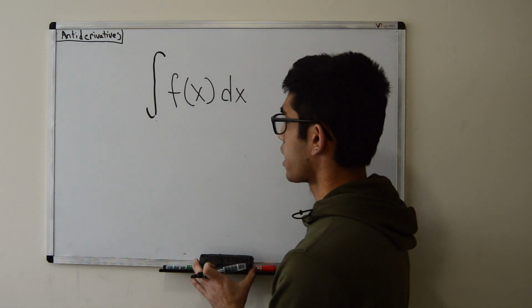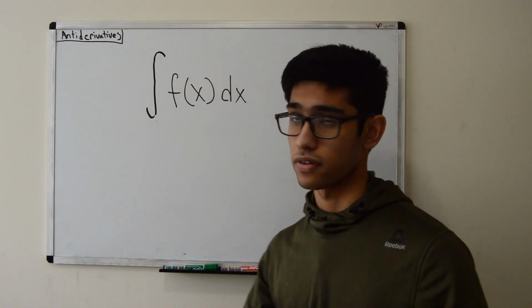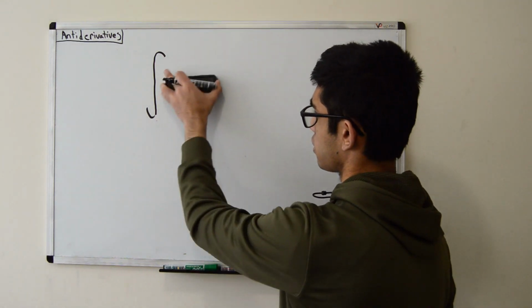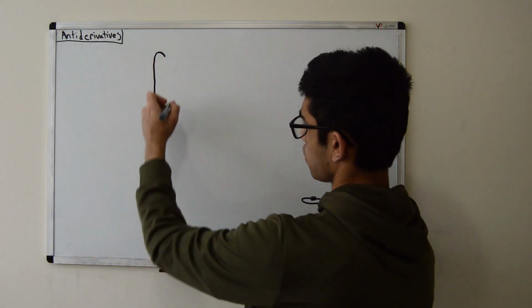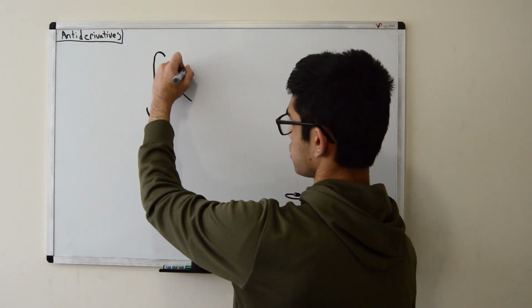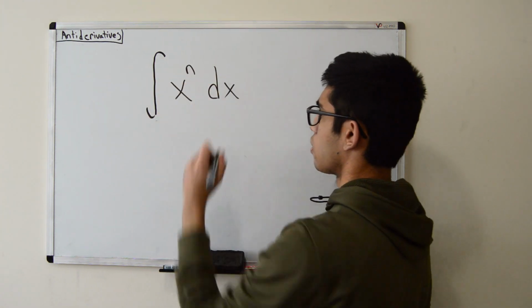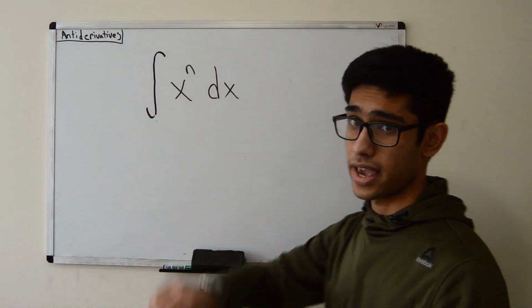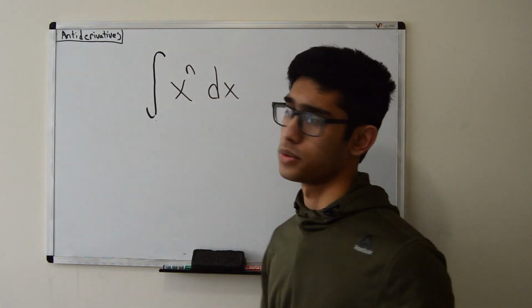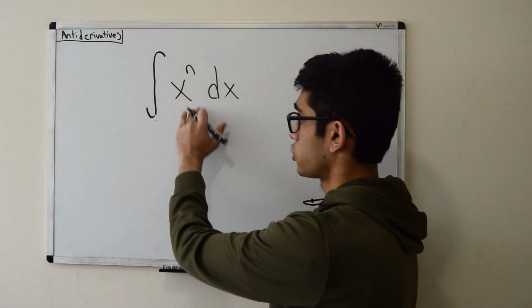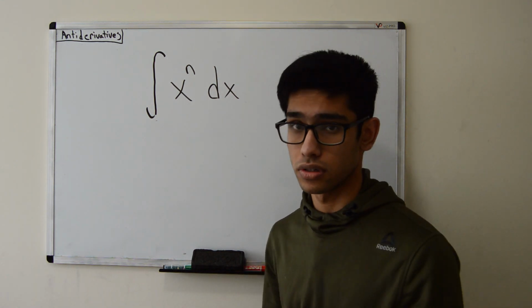So let's go ahead and derive a general antiderivative. What if we had the integral of some function to the power of n? What if I wanted to find the antiderivative of just some function to the power of n? That's all we're doing.